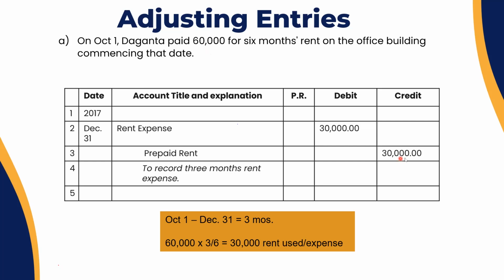That's why credit 30,000 prepaid rent. Okay? Makikita nyo yan mamaya sa table, kung ano ang effect niya. Just want you to know that if you want to record your expenses, debit yan siya. Debit rent expense, 30,000. And you credit prepaid rent, 30,000, to record the 3 months rent expense. Okay?